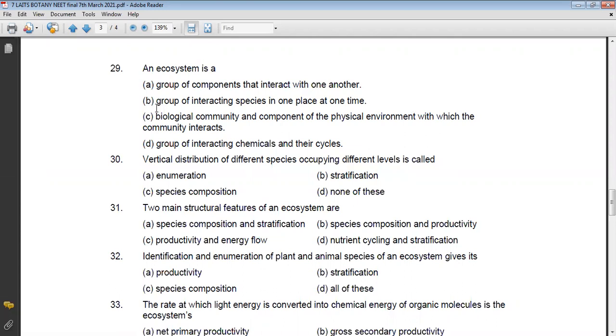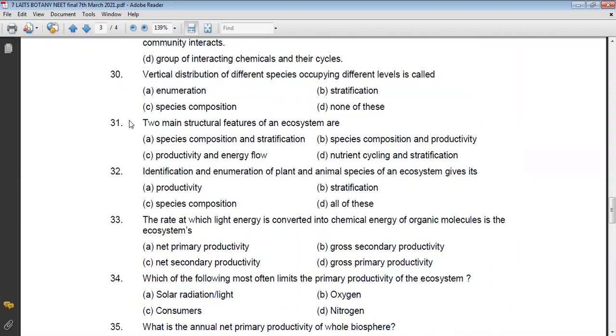So the answer is what? An ecosystem is a biological community and component of the physical environment with which the community interacts. So this is the proper definition of ecosystem.